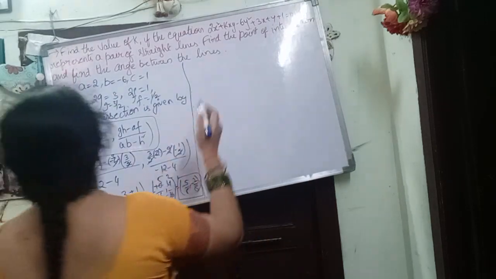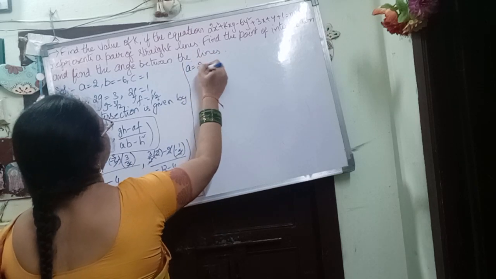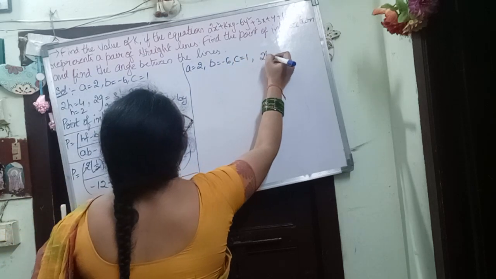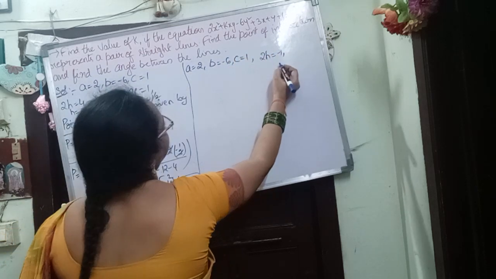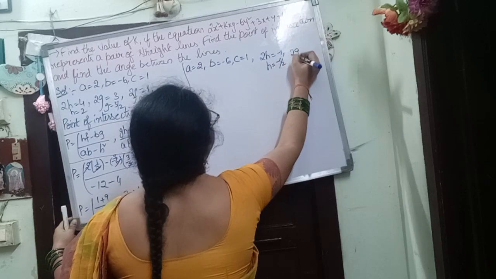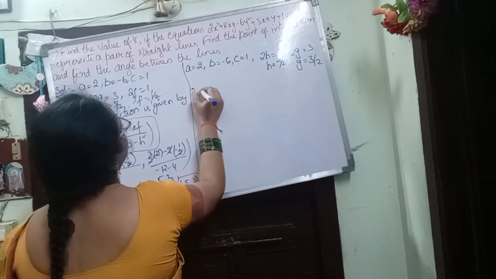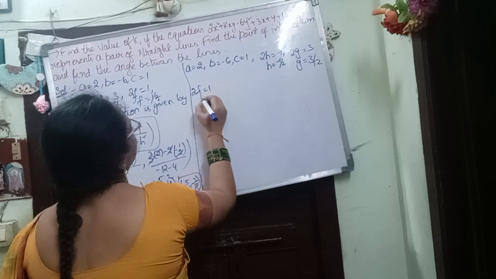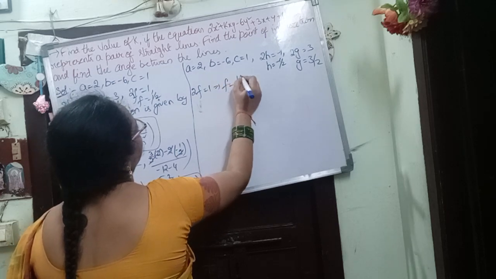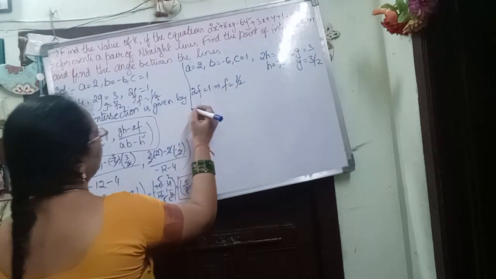Okay, so A equals 2, B equals minus 6, C equals 1, 2H equals minus 1, that is H equals minus 1 by 2. Next, 2G equals 3, G equals 3 by 2, 2F equals 1 and F equals 1 by 2.